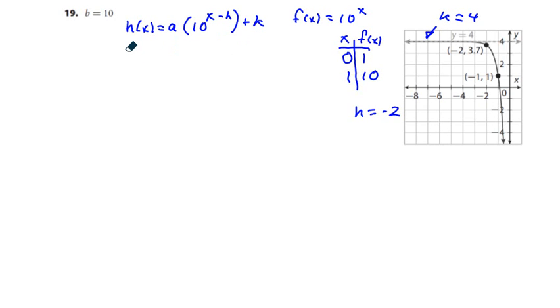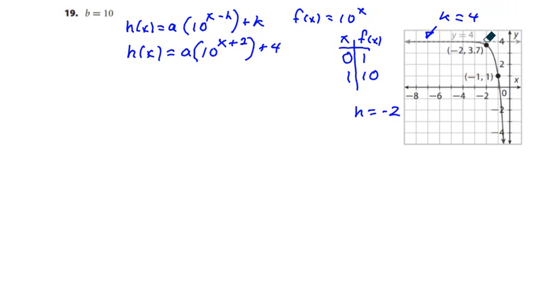And in this particular instance, we're going to have h of x equals a times 10 to the power of x, and since h is negative 2, that's going to be x minus negative 2 or x plus 2, and then outside k is equal to 4, so we have plus 4.